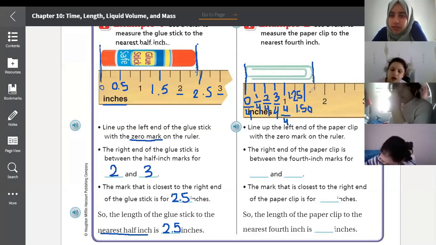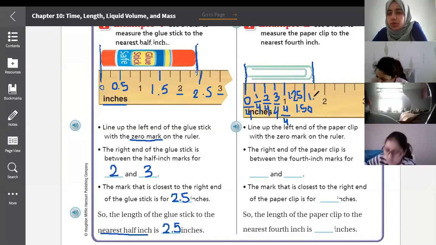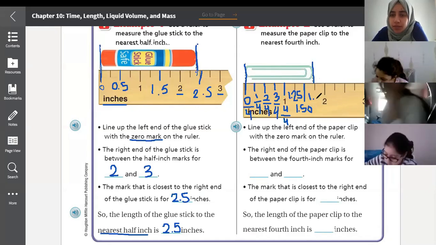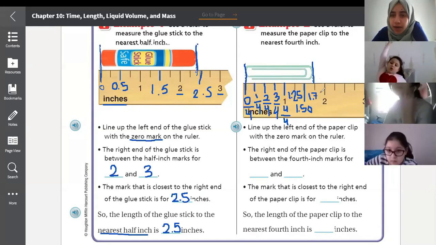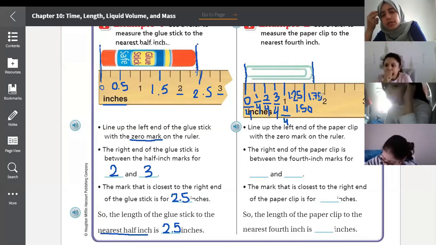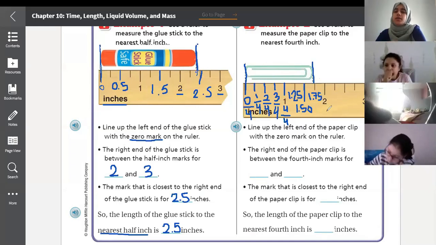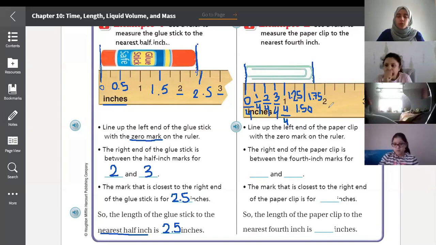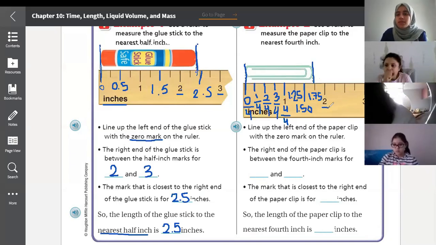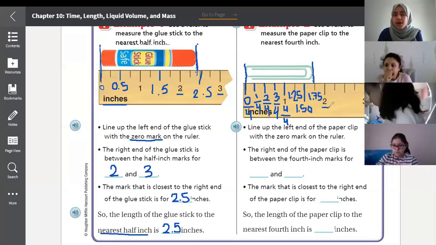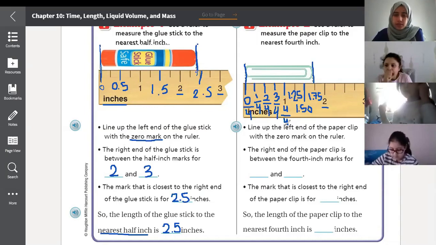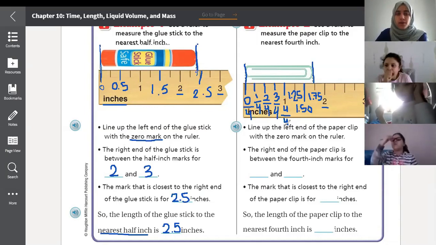And 50 plus 25 is 75. And 75 plus 25 is 100. That's why I'm going to have a new number over here. These are different ways of finding the fourth. But if the fractions are easier for you, you can use the fractions, because we studied the fractions recently.